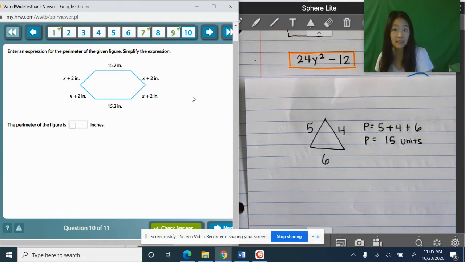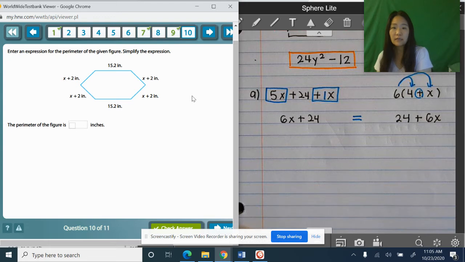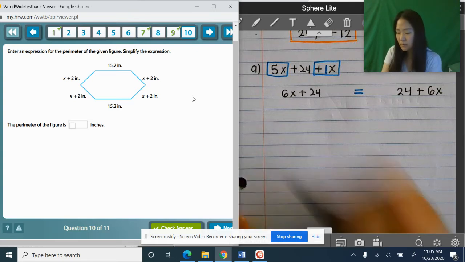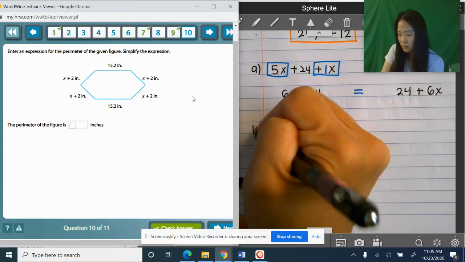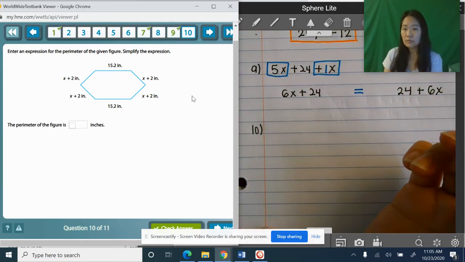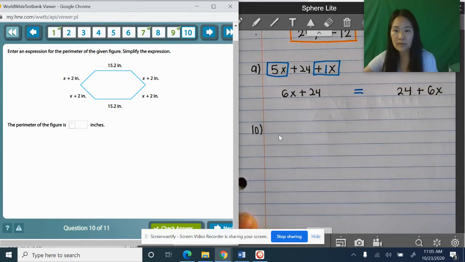So same idea, the perimeter of this polygon that you see, you can find by adding up all of the sides. There are two different approaches you can take here. Let me think about which way I'm going to do it. What I'm going to do is write all of those expressions that I'm going to add.